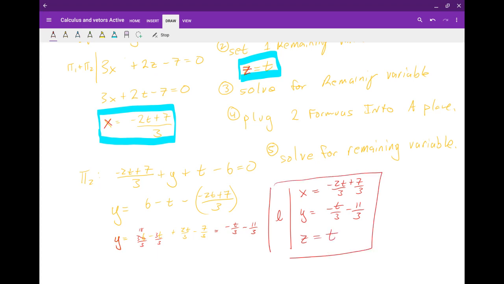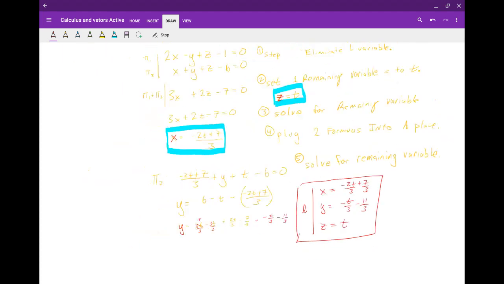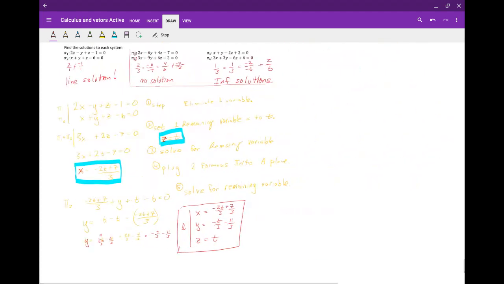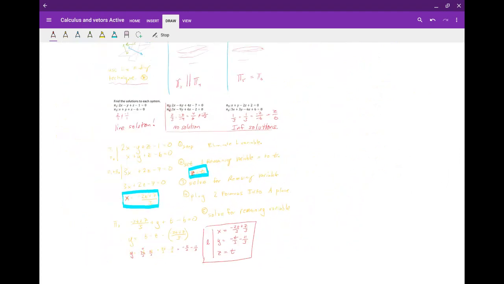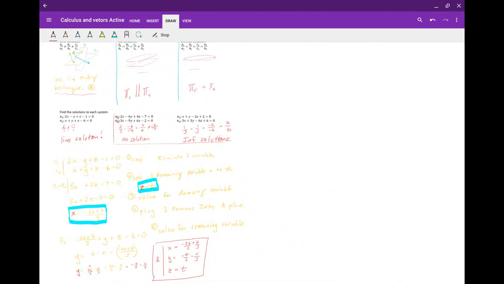Turns out this is a line, and that line is actually on both plane 1 and plane 2, okay? Remember, we have a line solution. When two planes intersect, the location where they intersect is not a point, it's a full-on line.